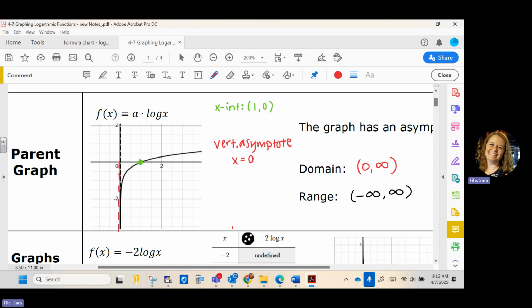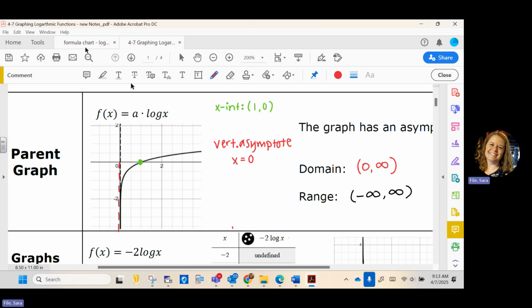Okay, so when we are talking about the parent function of a log, we're going to start with a vertical asymptote at x equals 0 and an x-intercept at 1. Okay, and then we'll go from there based on any transformations. Okay, that x-intercept at 1, it doesn't matter what the base of the log is. In this example, they're using a common log. See how there's no base written? Okay, so a common log has an x-intercept of 1.